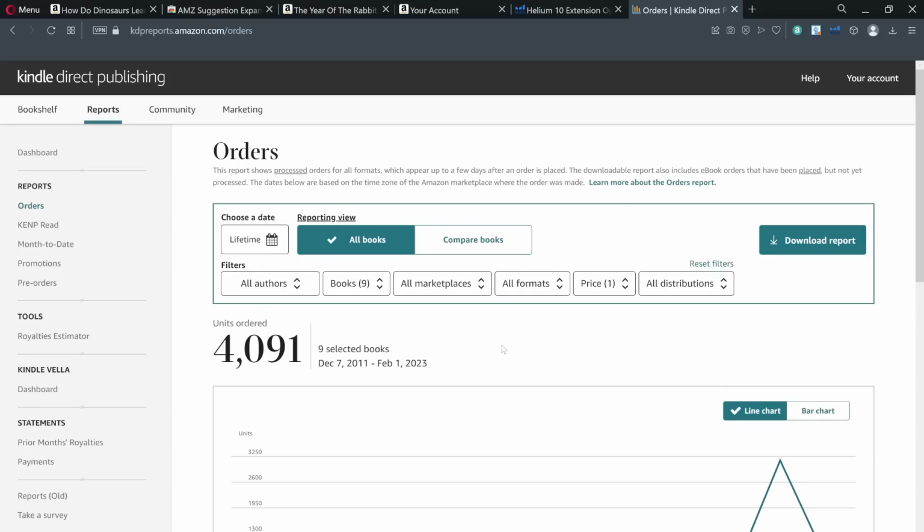So the sales that you're seeing here are from the books I've selected, where I've changed to this approach where I'm targeting more competitive niches and just learning how to position myself in them and get ranked onto the first page. Okay, so I've selected the last 9 that I uploaded, where I've used this research method, just so it's in line with what I've promised in the title for this video.